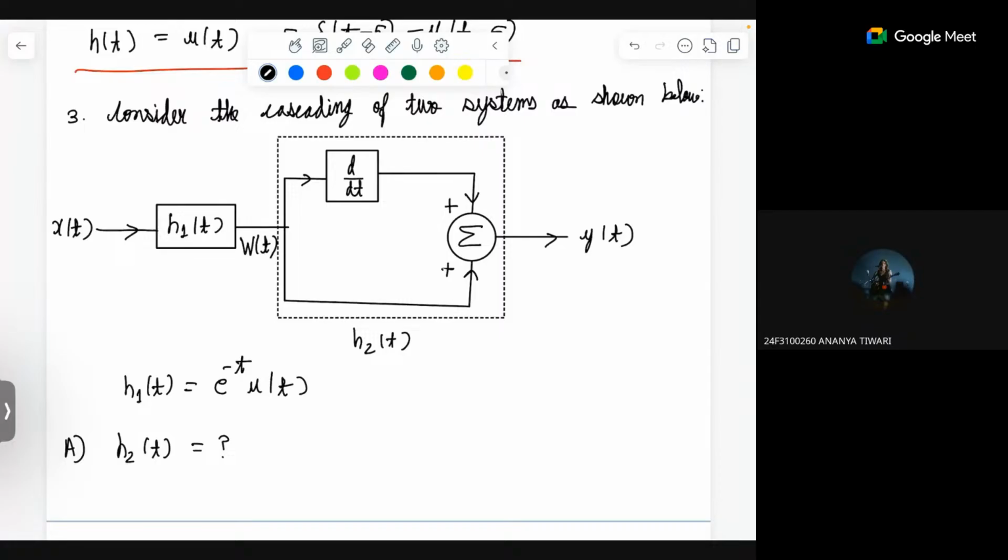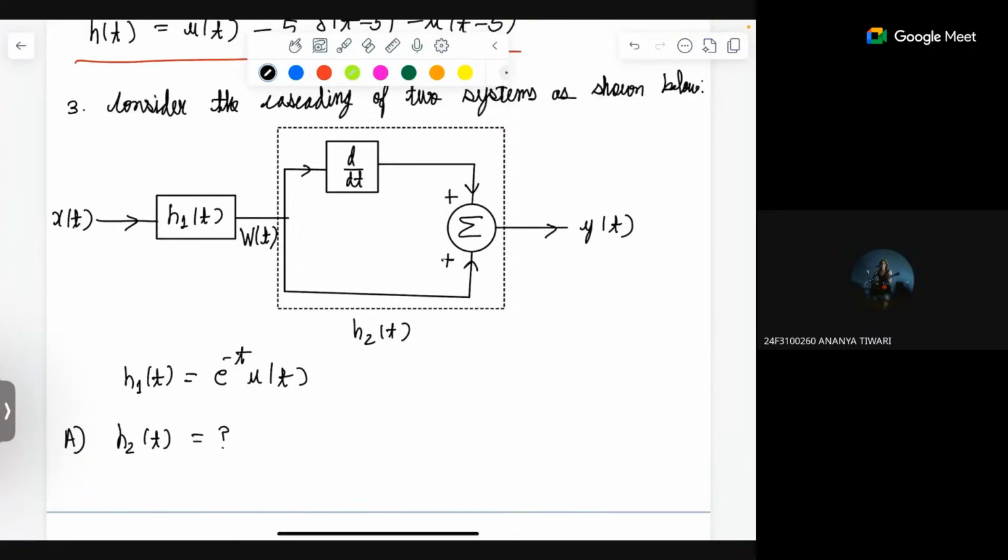No, no, you have to tell me just H2 of t. So H1 of t does not come into picture here. See, what is H2 of t? This is my system for H2 of t. For the second system, this input w(t) produces output y(t).